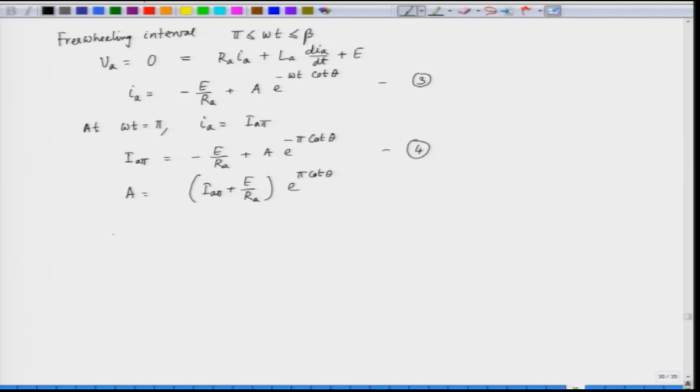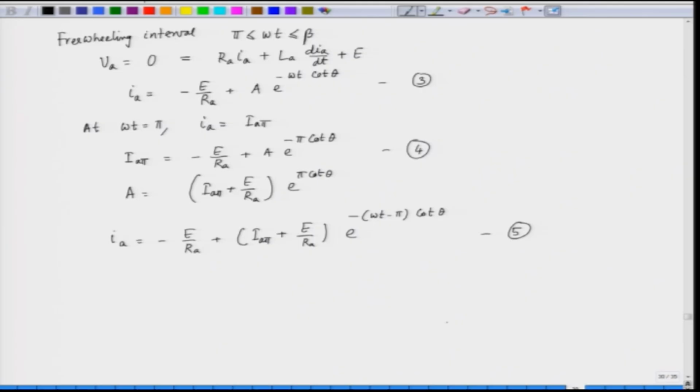So, what is I_A here? I_A is equal to minus E by R_A plus (I_A(pi) plus E by R_A) exponential of minus (omega t minus pi) cot theta. So, this is the equation of the current, and this current is valid for the freewheeling interval.